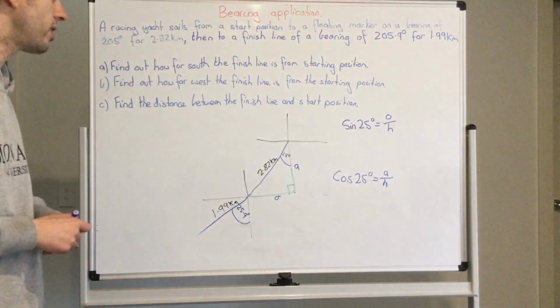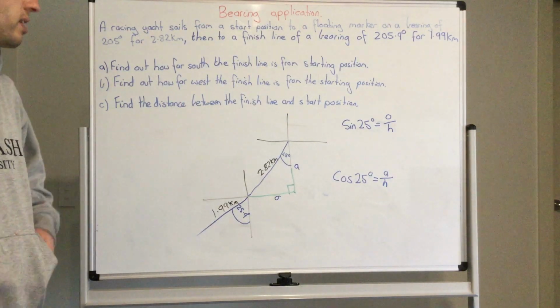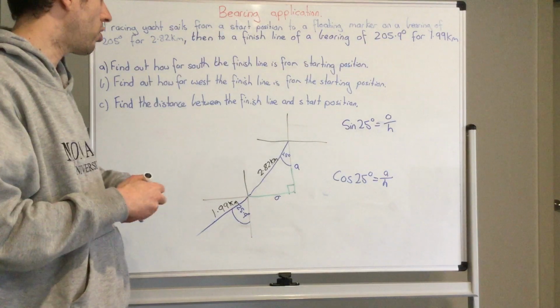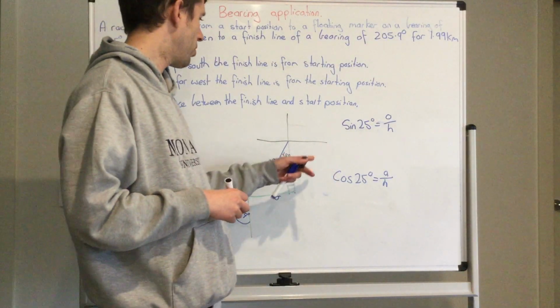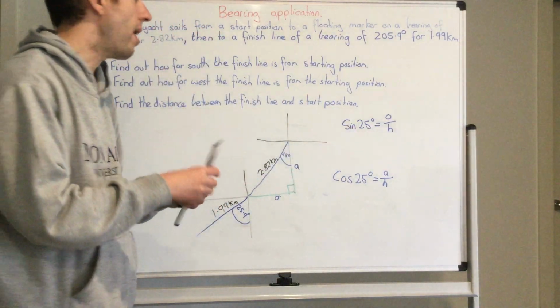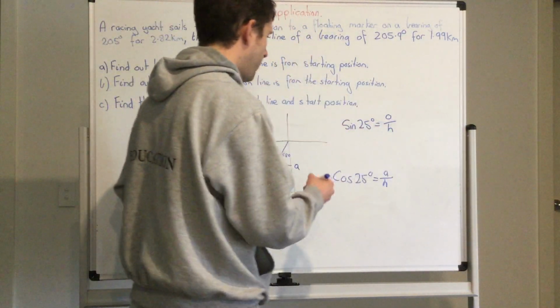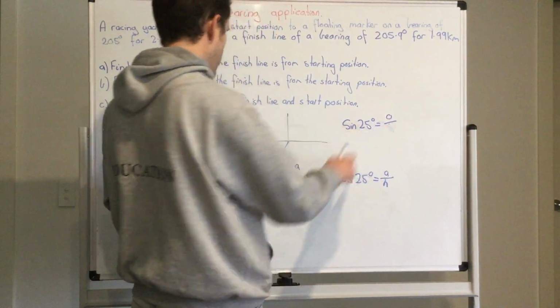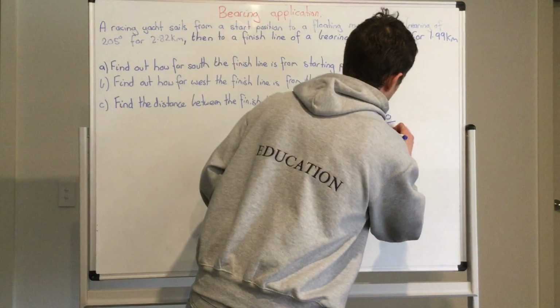So those are the two things that we are going to be using. So let's solve and work out O, the opposite. So to start off, I'm going to fill in with H. So sin 25 degrees equals O over H. Put 2.82 in for H.